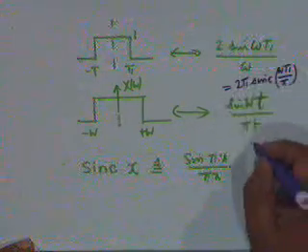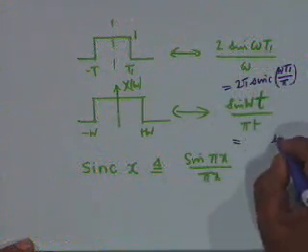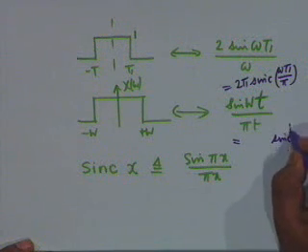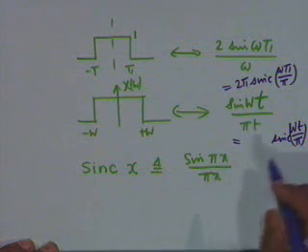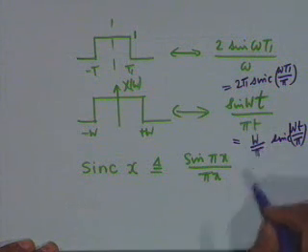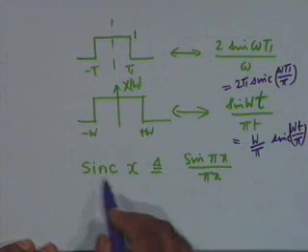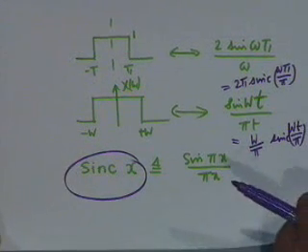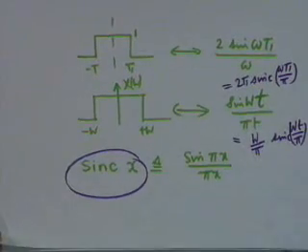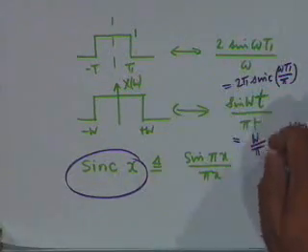In a similar manner, this I can write as sinc of wt divided by pi, and the multiplying constant shall be simply w by pi. Alright, I just wanted to introduce this function, the sinc function, which is of the form sin pi x by pi x. That's the definition. So both of them can be put in the form of a sinc function.